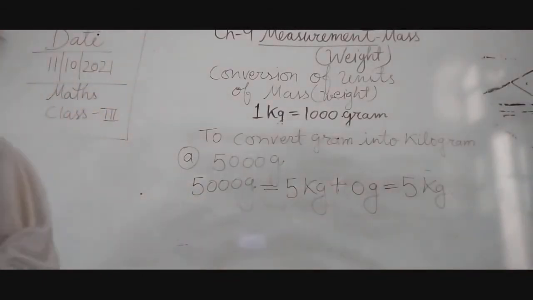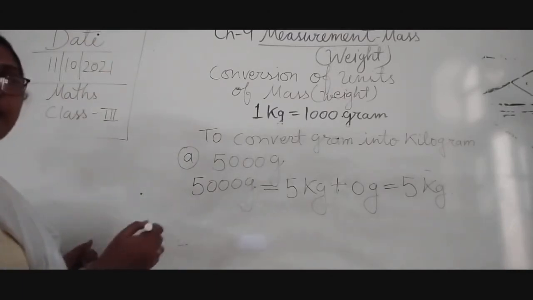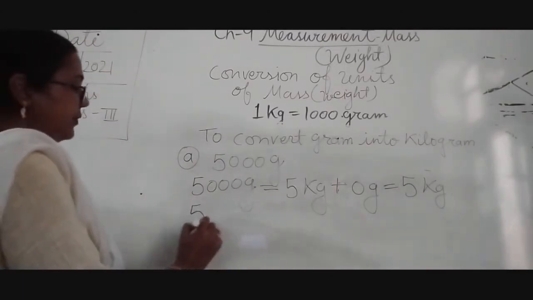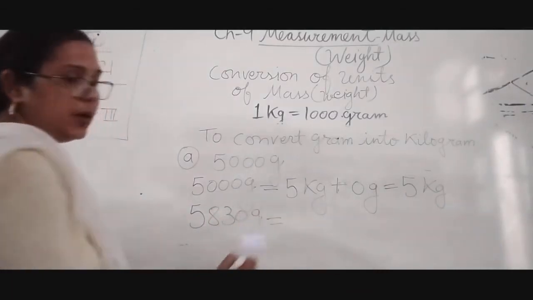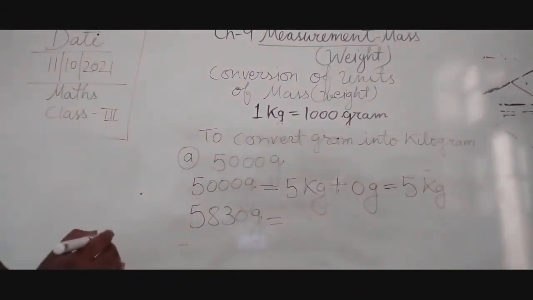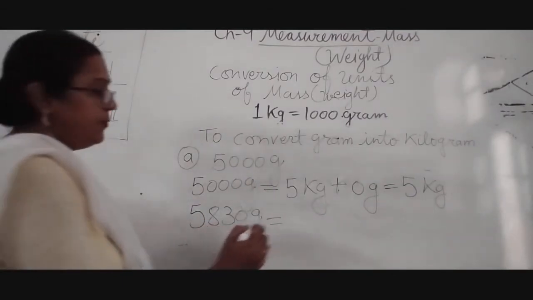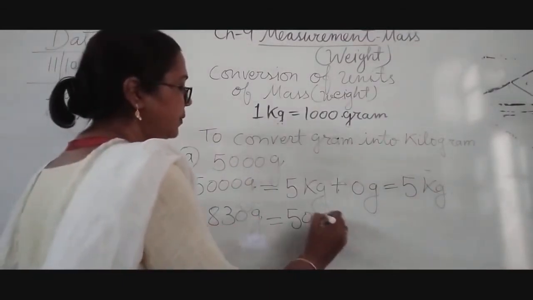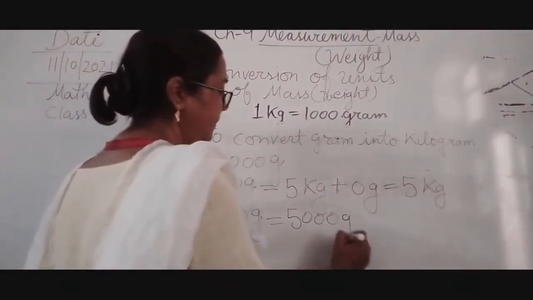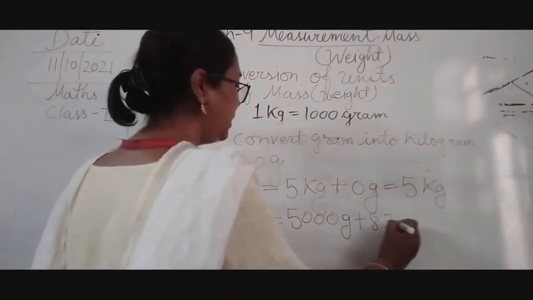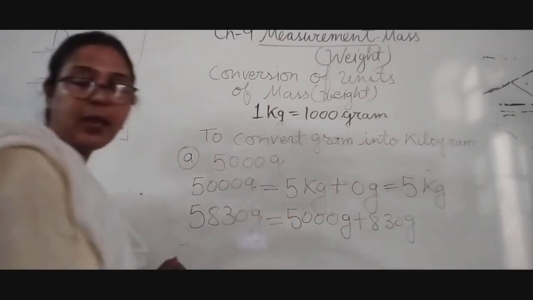Now if we want to convert 5830 grams, how can we convert? We are going to write over here 5000 grams plus 830 grams.